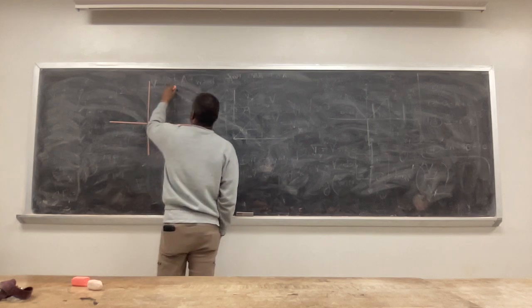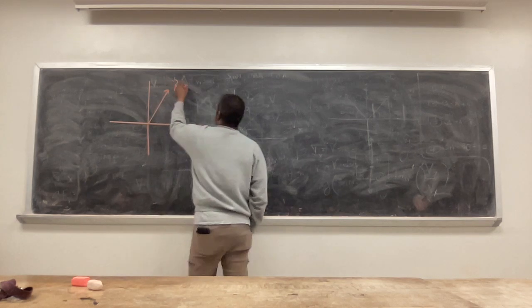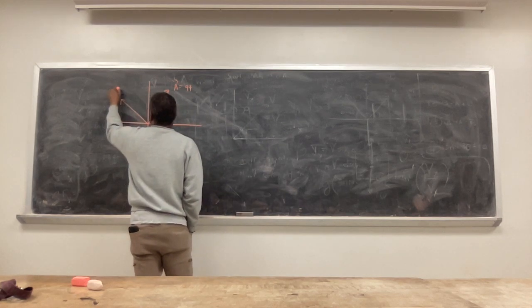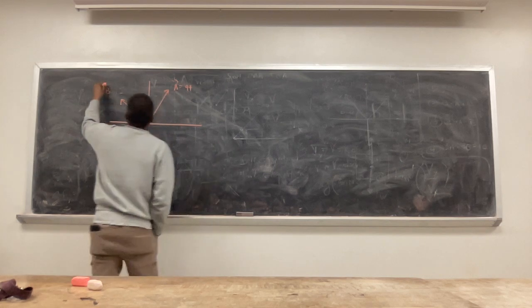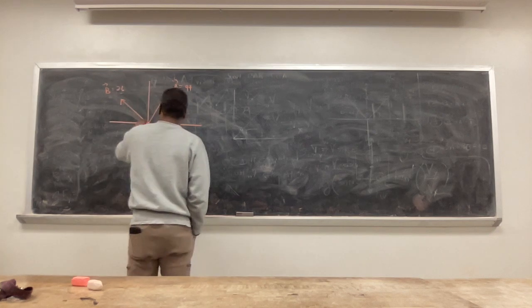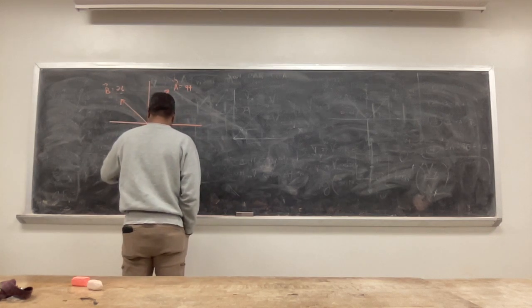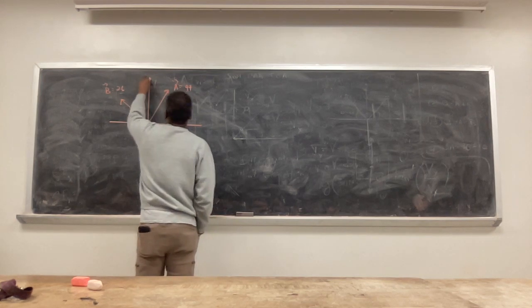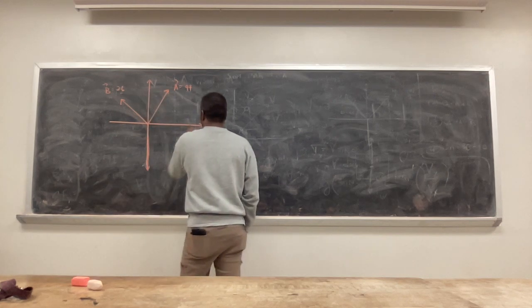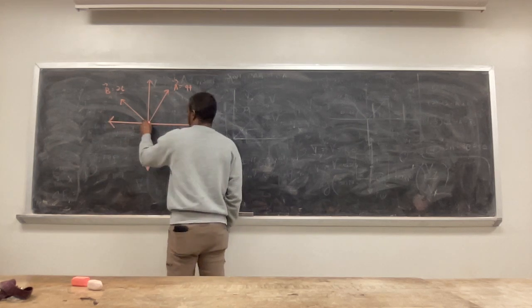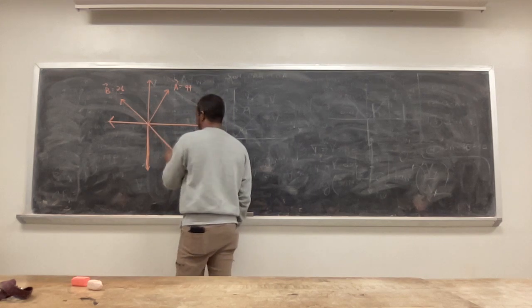Here, we got A equals 44. We got B equals 26. And let's put our third vector here.